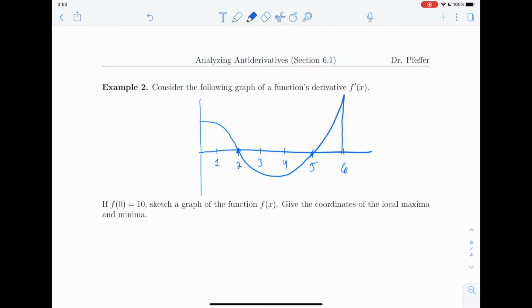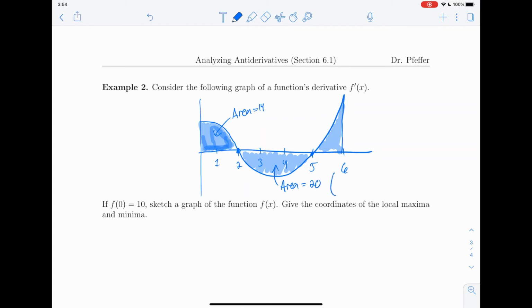In particular, we're going to be given some amount of information about the area under its curve. The area of the first bump here is going to be known. The area underneath the curve down here is also going to be known. And the area above the curve to the right is also going to be known. In particular, the first area is going to be known to be 14. The area down here is 20.